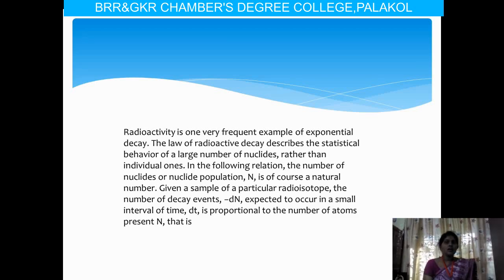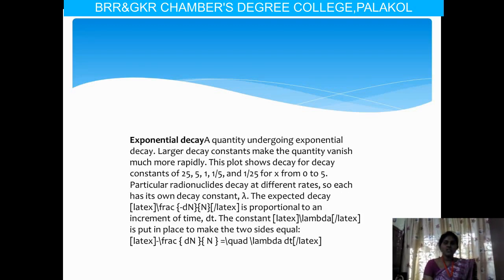Given a sample of a particular radioisotope, the decay events, expressed as minus dN, expected to occur in a small interval of time dt, is proportional to the number of atoms present, N. That is the exponential decay.